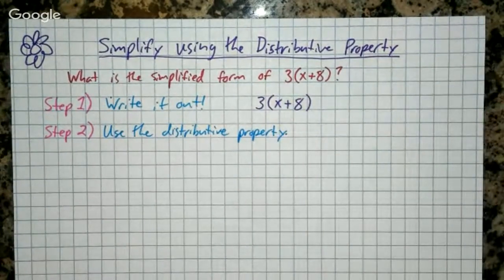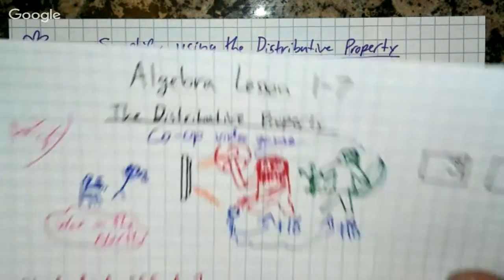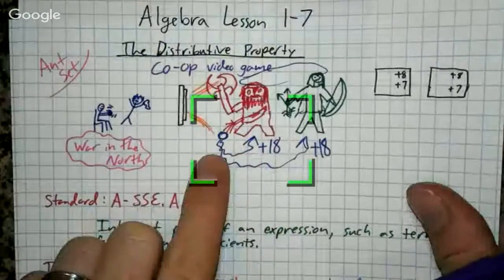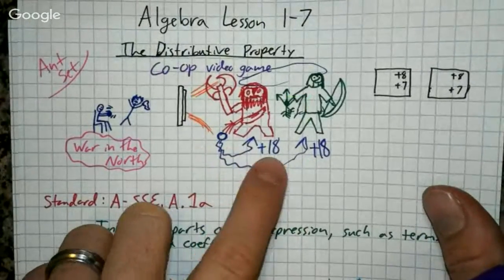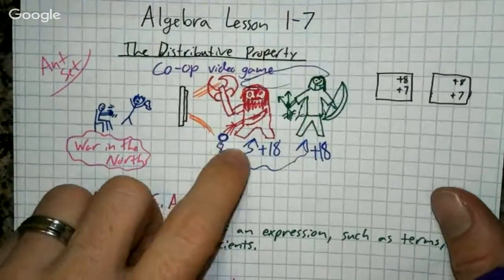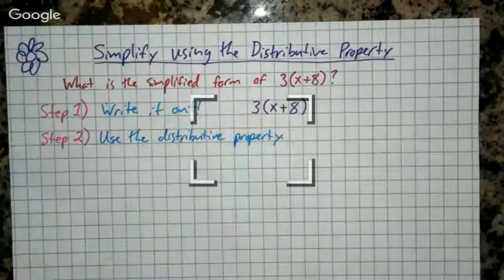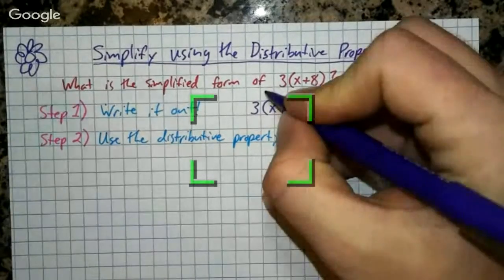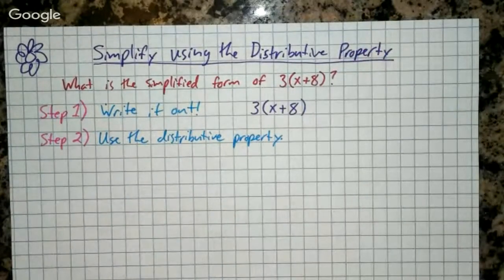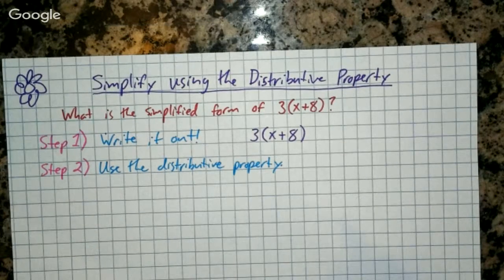Okay, and when we use the distributive property, just like in my video game, when my friend Kevin picked up this powerful ring that gave us each plus 18, it does not only go to 1, it goes to both. It distributes out. So when we go to our distributive property, we take this 3, let me use a different color. Got the colors, I might as well use them.